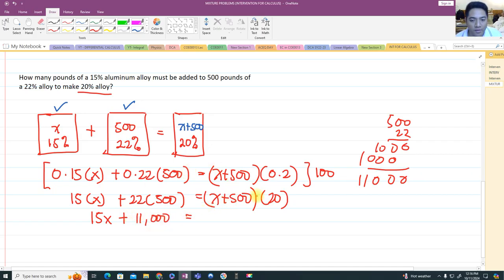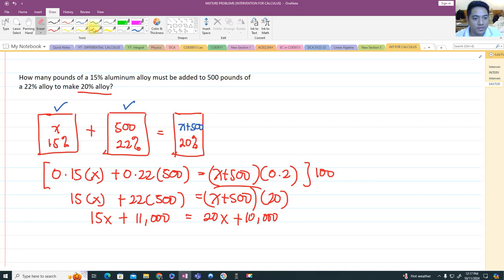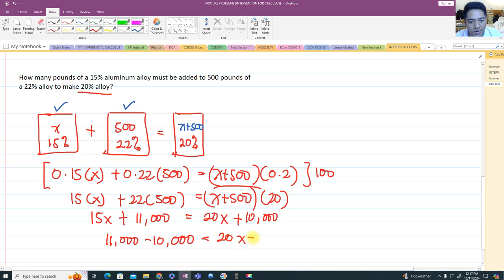Then we distribute: 20 times x plus 20 times 500, and 2 times 5 is 10, so we have 10,000. For x, I'm going to transpose: 11,000 minus 10,000 equals 20x minus 15x.